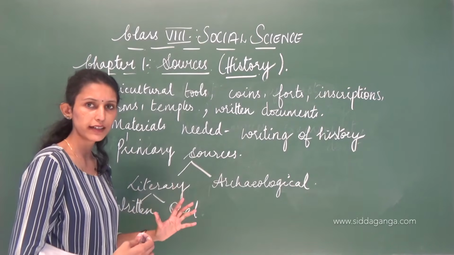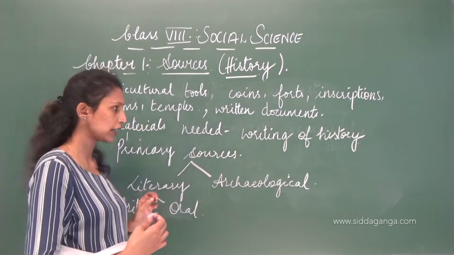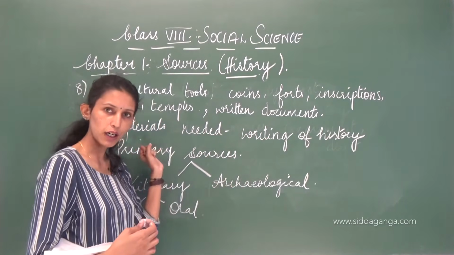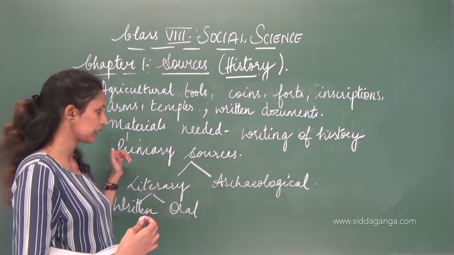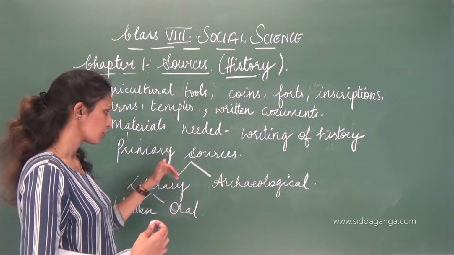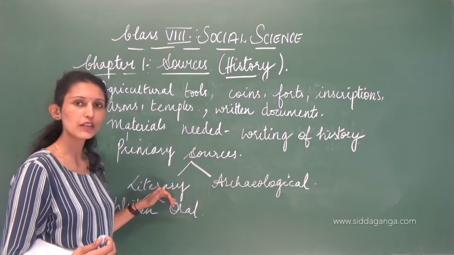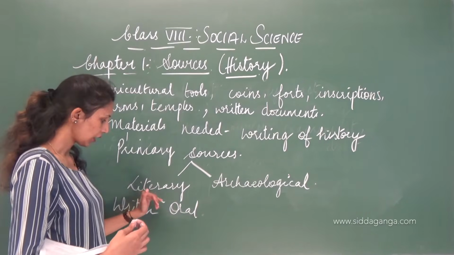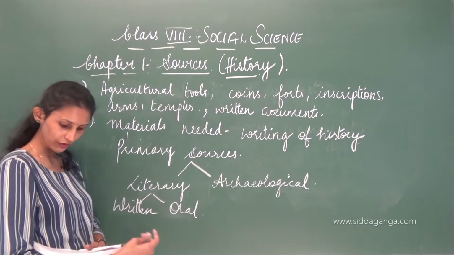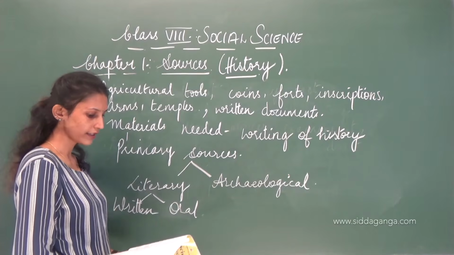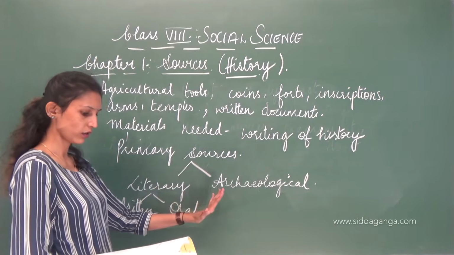Anything that you have collected, that first hand you get, or any document that you have got which is being written, is primary sources, and then you modify it. So primary sources are divided into two, literary and archaeological. Now literary is divided into written and oral.